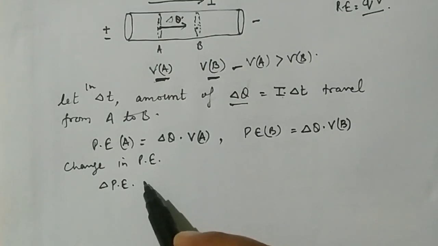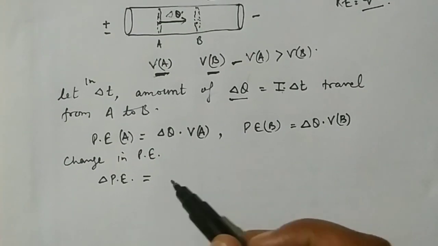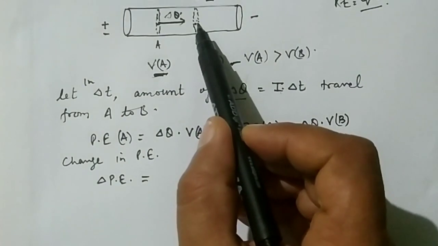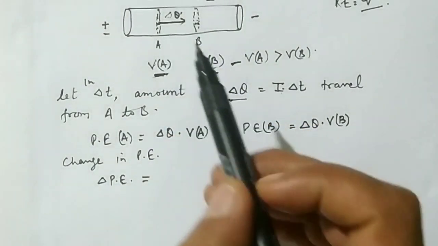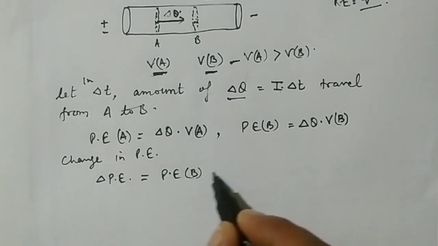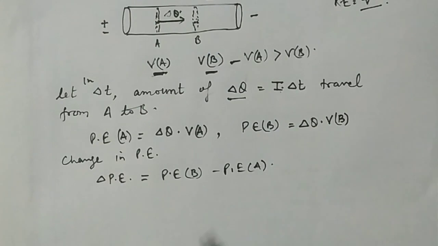Now calculate the change in potential energy. The change is always final potential energy minus initial potential energy. The final point is B and the initial point is A, so it is the potential energy at B minus the potential energy at A.